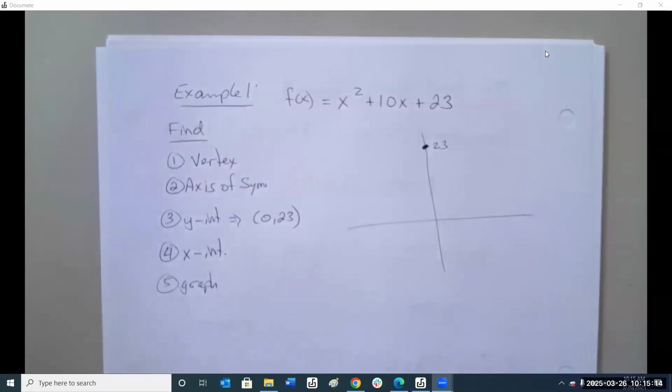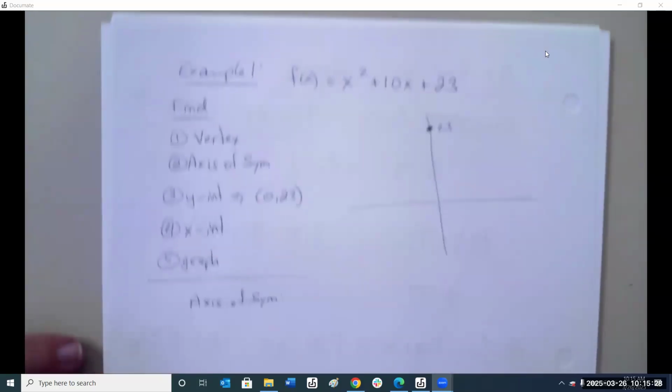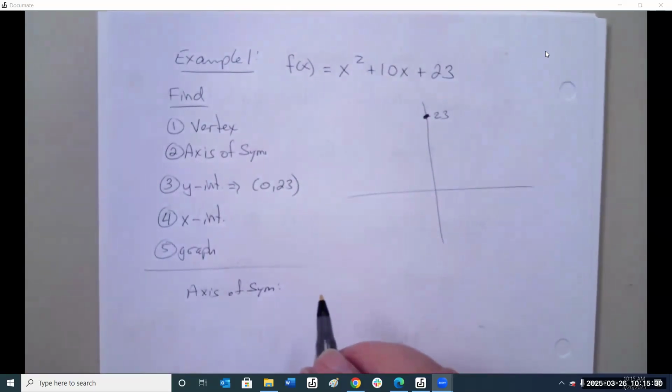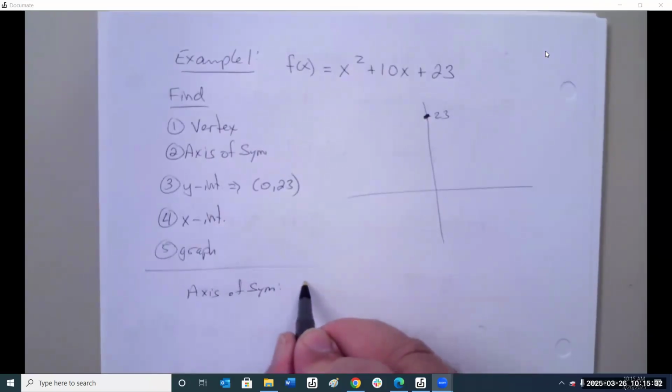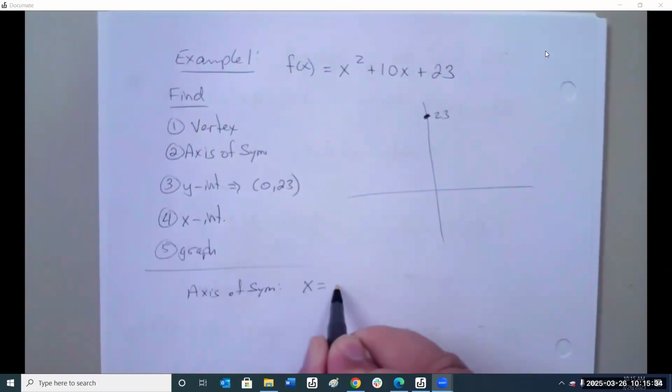The next easiest thing to do is find the axis of symmetry. So the axis of symmetry, how do we find that? It's the equation x equals -b over 2a.